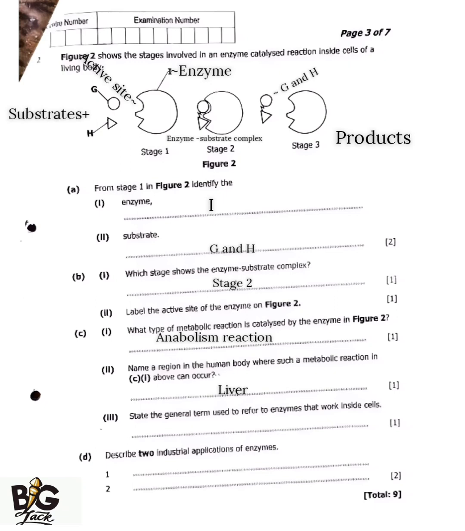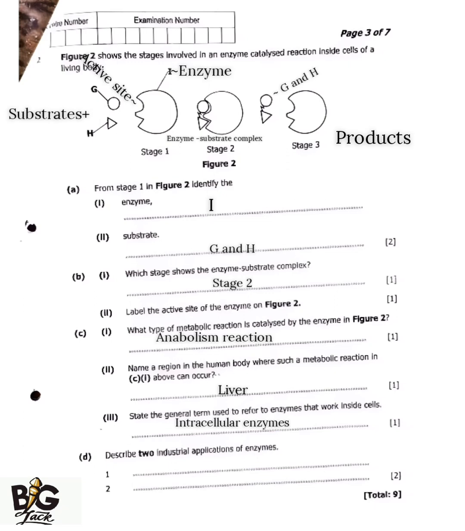Then Roman numeral 3 says, state the general term used to refer to enzymes that work inside cells. They are talking about enzymes that work inside the living cells, so I'm going to say intracellular enzymes.